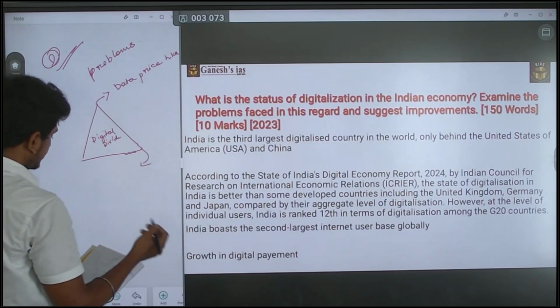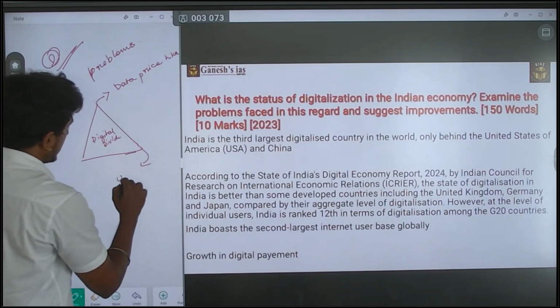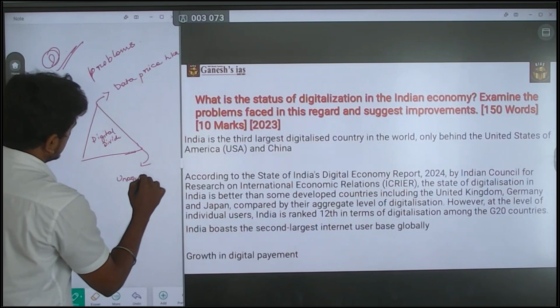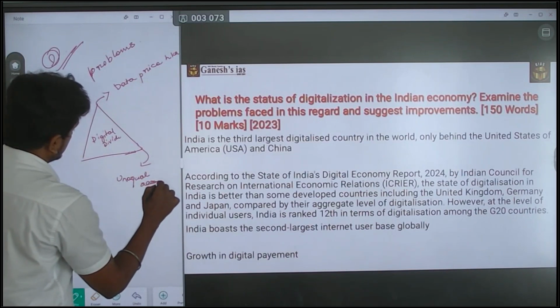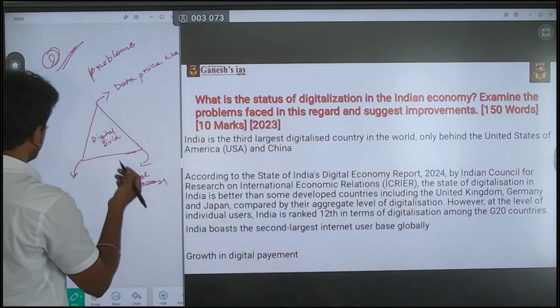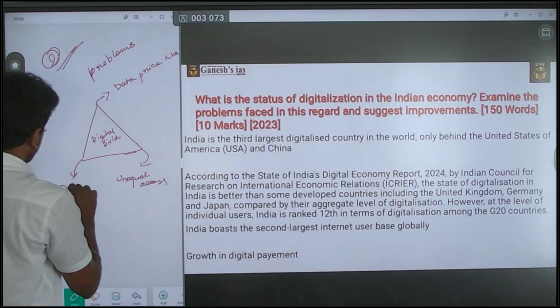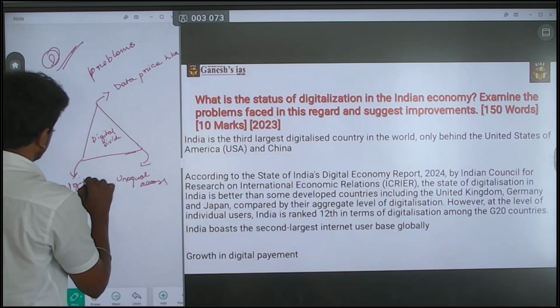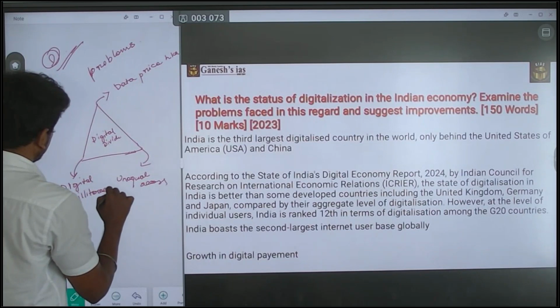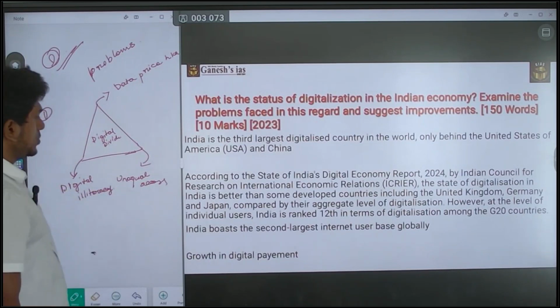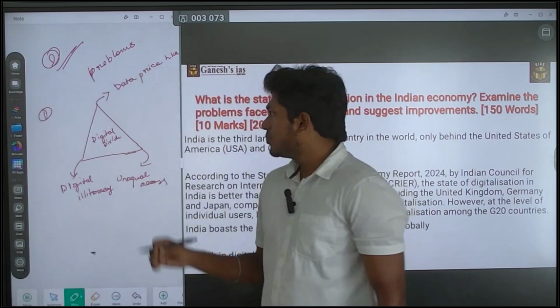Second is unequal access. And then the third is digital illiteracy. So these are the points.